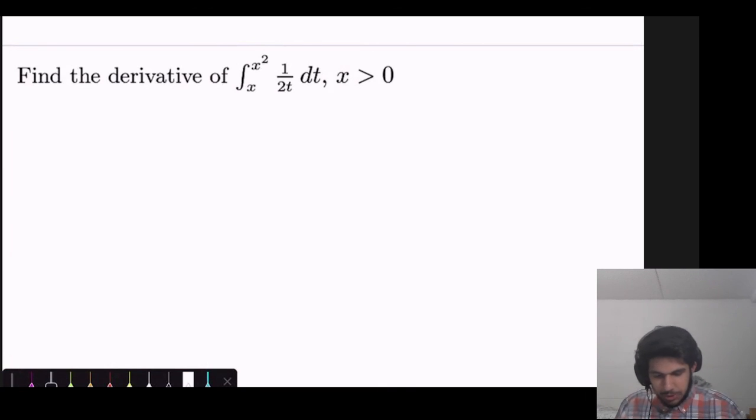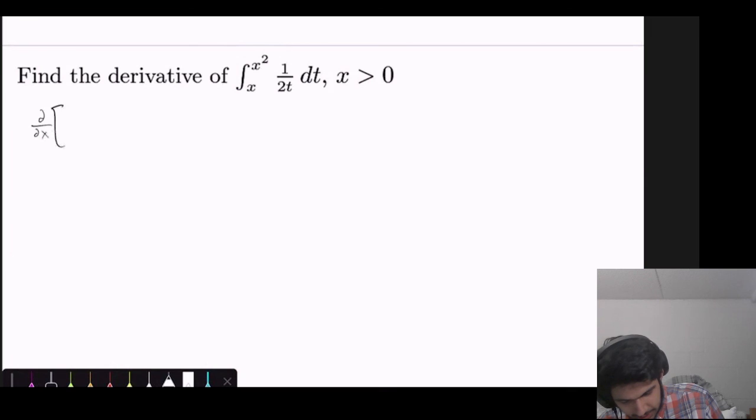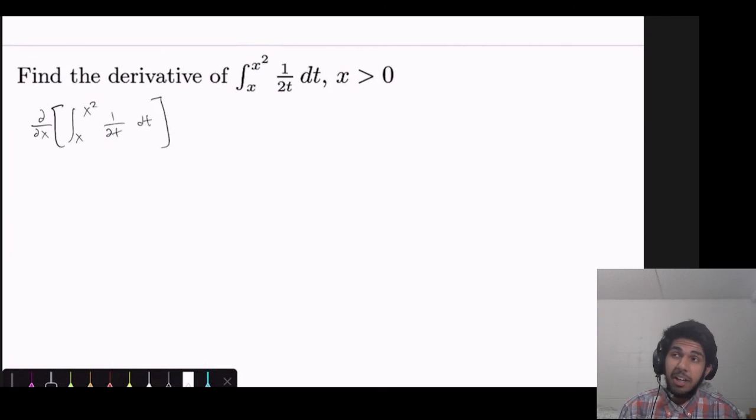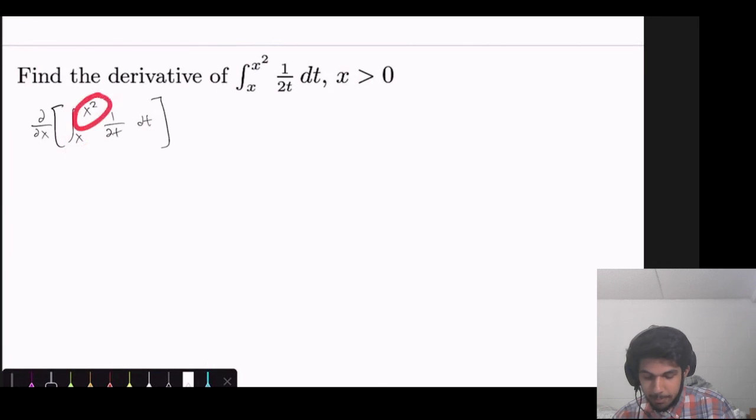Well, we're trying to find the derivative of the integral of 1 over 2t dt. We want to apply property 2 because we have functions as the limits. But property 2 only works when the top limit is a function and the bottom one is a constant.